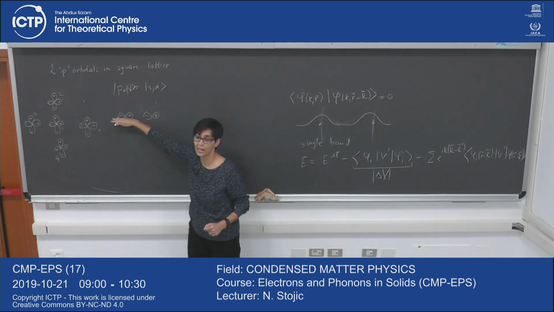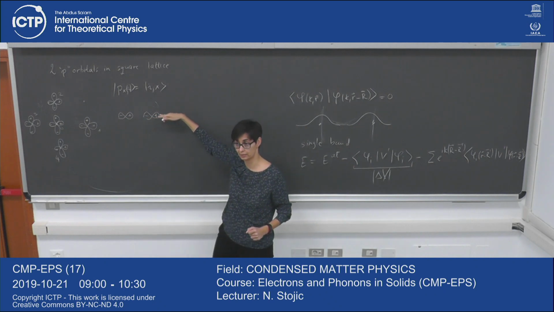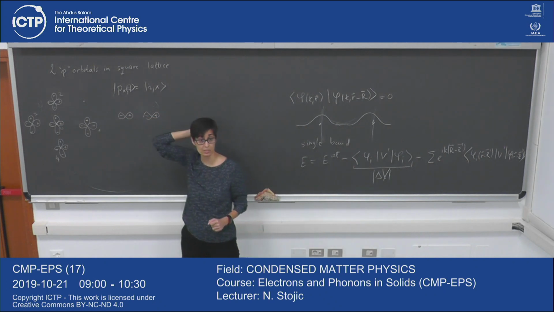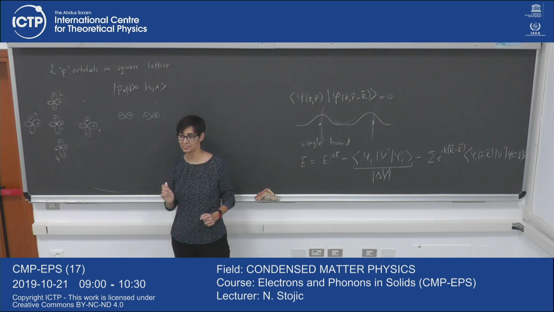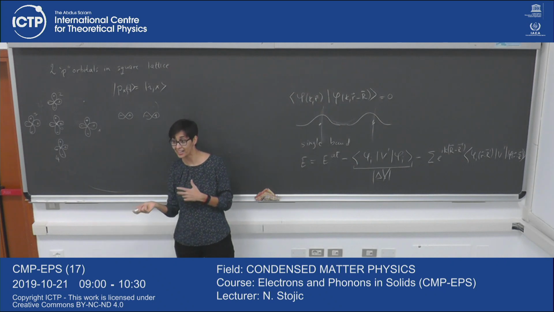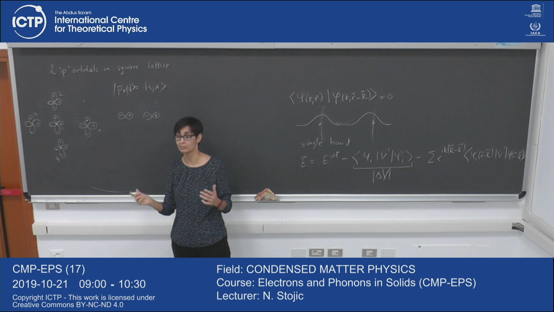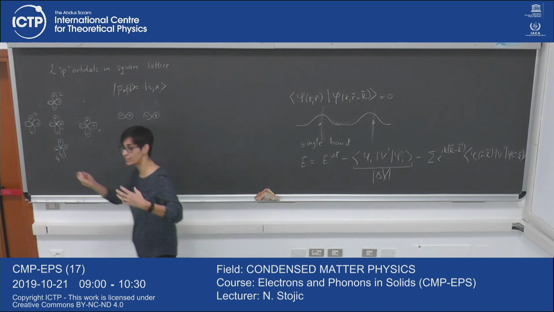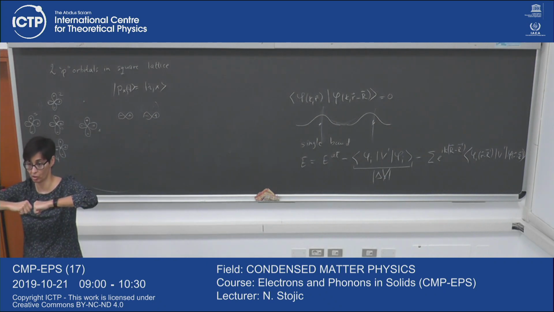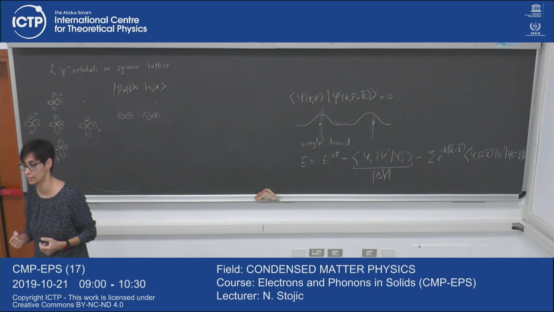They are interacting along the axis of the orbital. I'm not sure how much chemistry you learned. There is something called sigma and pi bond. You've heard of that. If they are binding along the axis of the orbital, it's called a sigma bond.